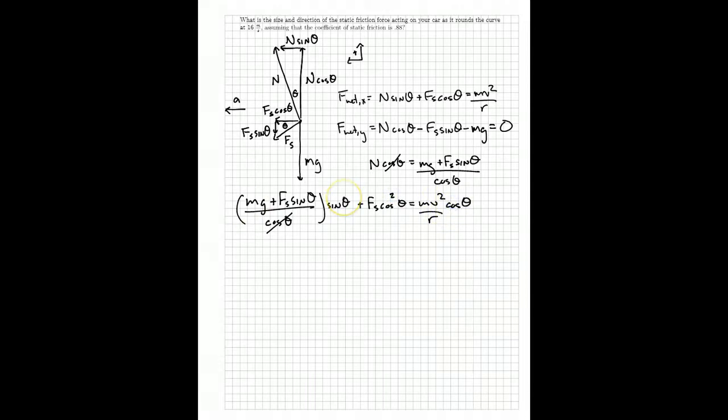And then I want to distribute here so I can collect all the terms with F sub s on one side. So I have mg sine theta plus F sub s sine squared theta plus F sub s cosine squared theta equals mv squared over r cosine theta. So I want to bring this mg sine theta term over to the other side.